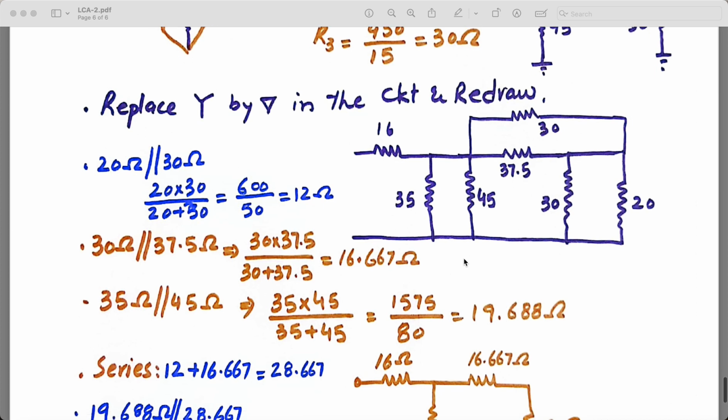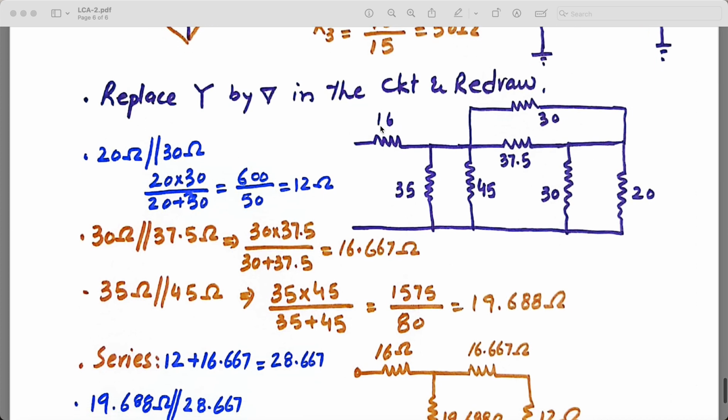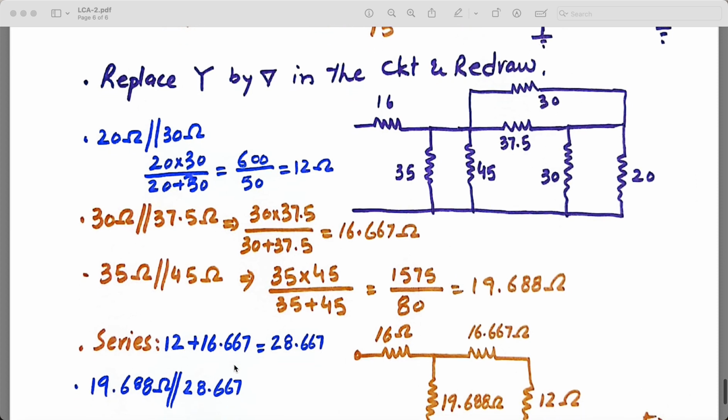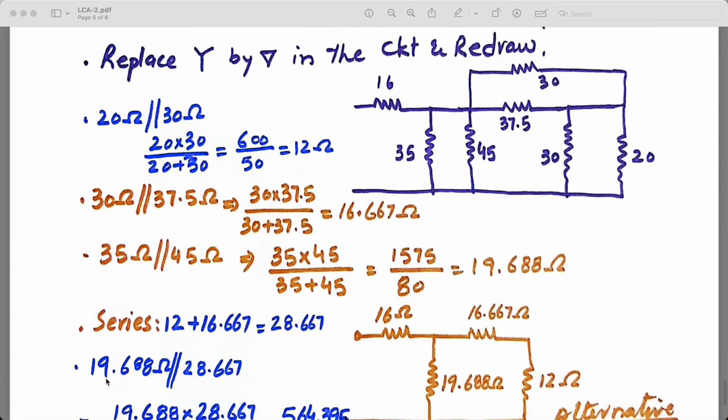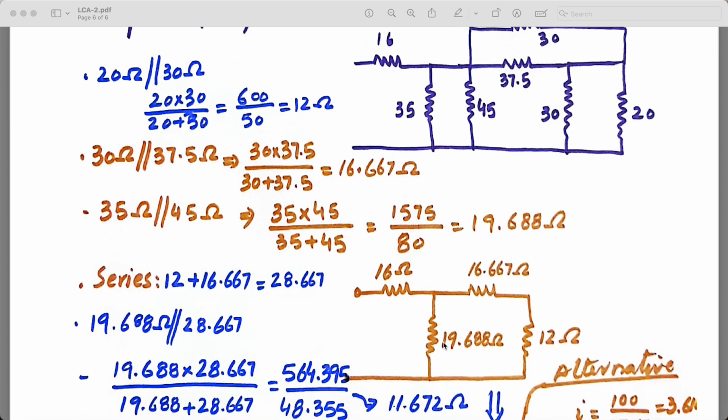And then all are in series, like 12 is in series with 16.667. Similarly, 19.68 is in parallel with 28.667.